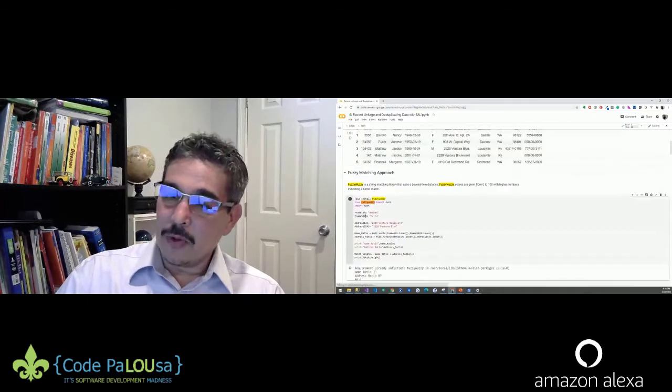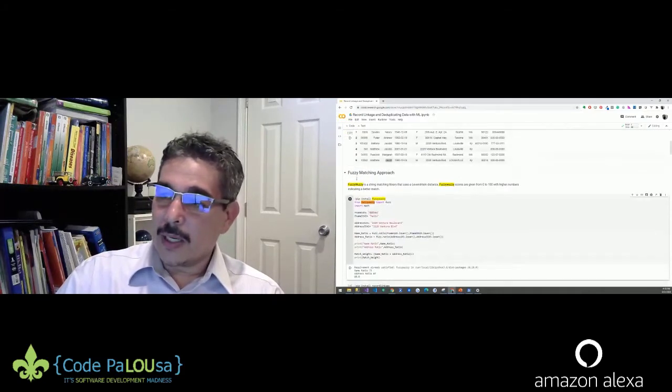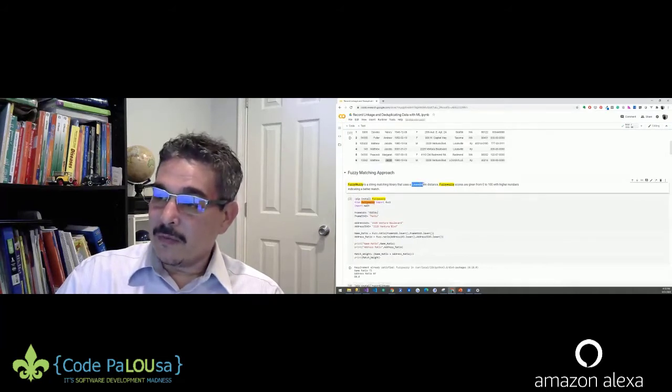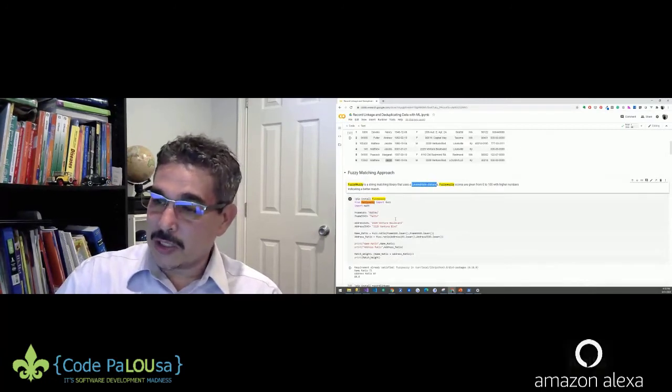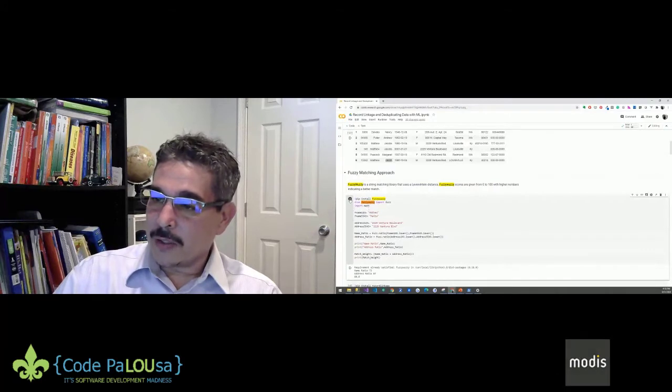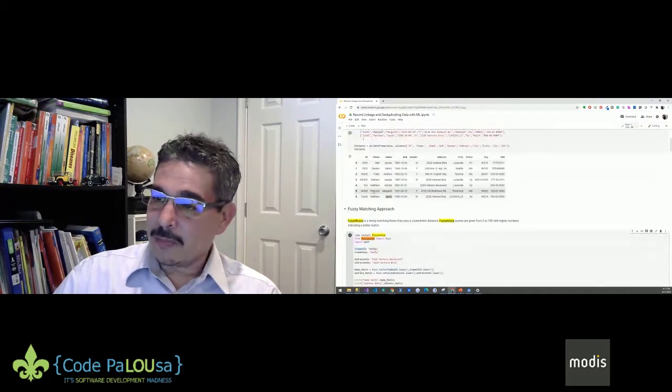So let's try to figure out the matching. In here I am using a Python library that implements the Levenshtein distance, which looks at the distance between two strings. I am downloading the library, and then I take the first name for ID 143, where he wrote Matthew, and for ID 5543, where he wrote Math.